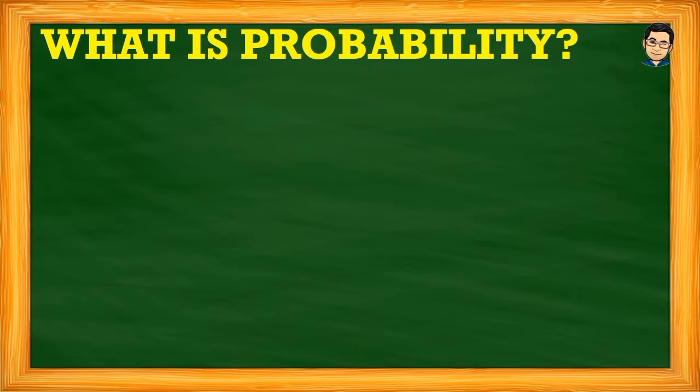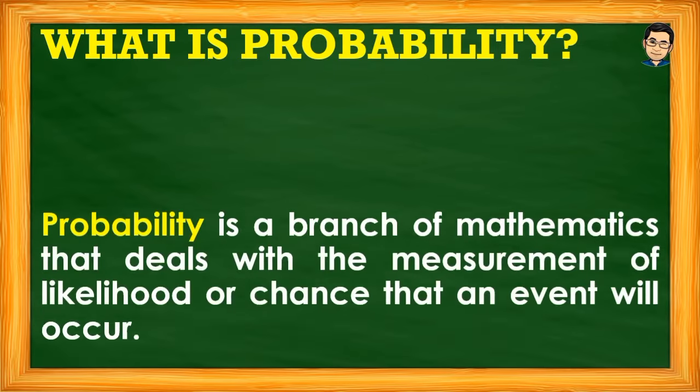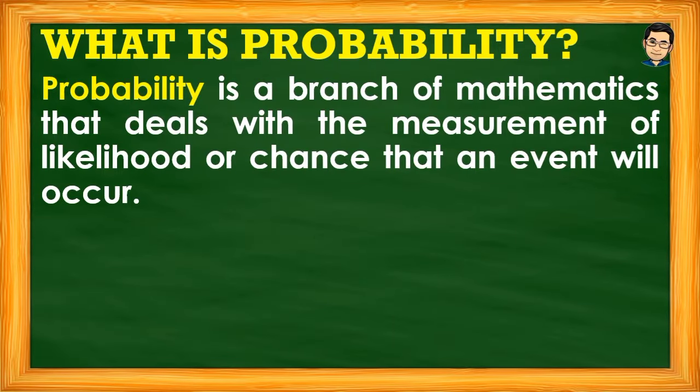Now, for our first discussion, we have the definition of probability. So, ano nga ba ang probability? So, it is a branch of mathematics, of course. So probability again is a branch of mathematics that deals with the measurement of likelihood or chance that an event will occur.